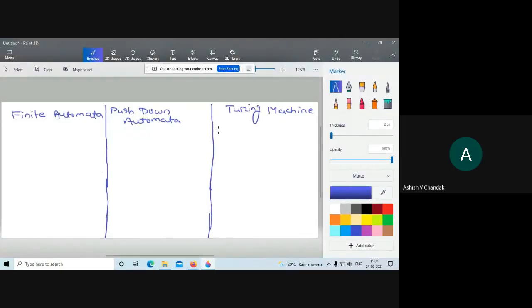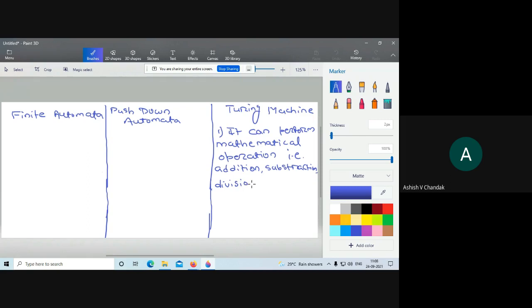The next difference is that Turing machine can perform mathematical operations, that is addition, subtraction, division, and multiplication.